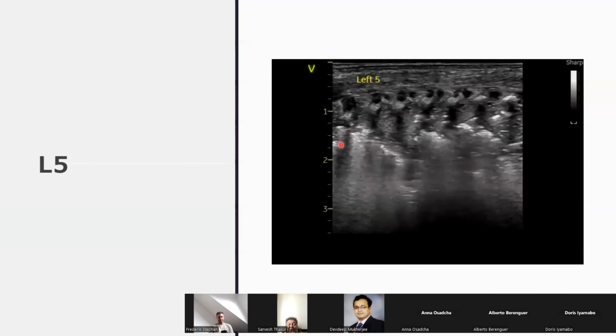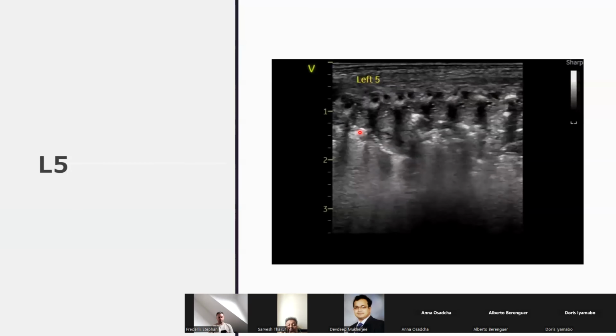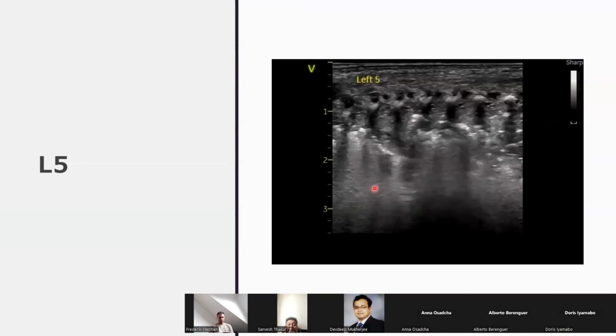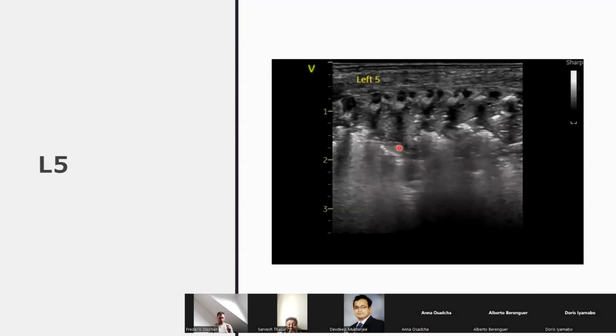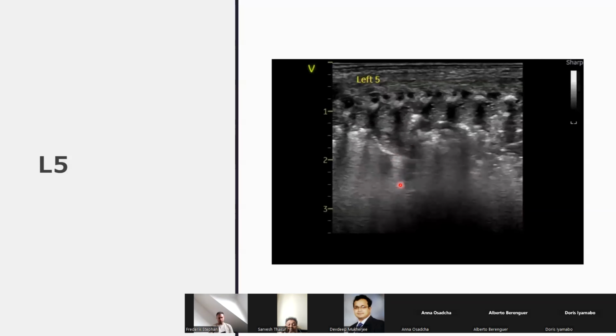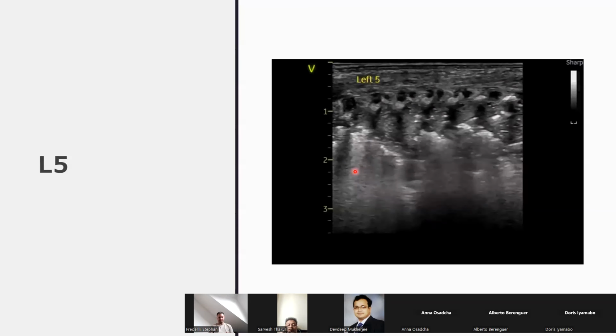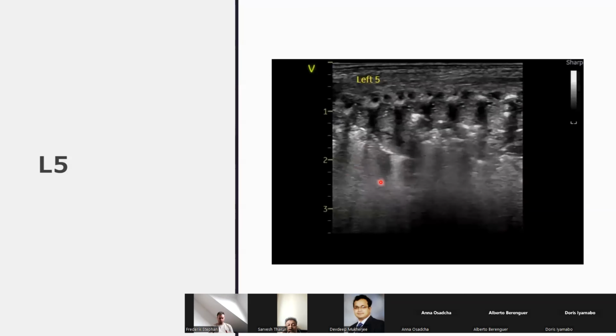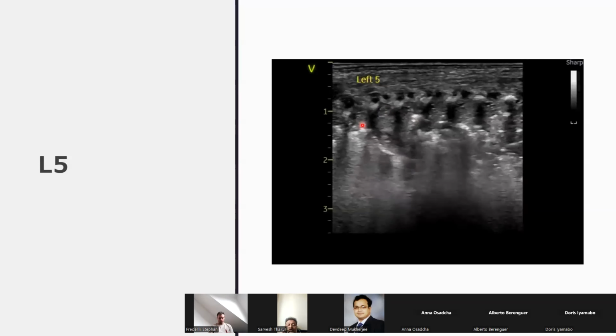But what I'd like all of you to focus on is, can you see this area down here? You've got these linear shadows that move in, which are like compact B lines. These compact B lines give a kind of sun ray appearance. So if this was the sun, these would be the rays of the sun. And this pattern is called an S pattern.